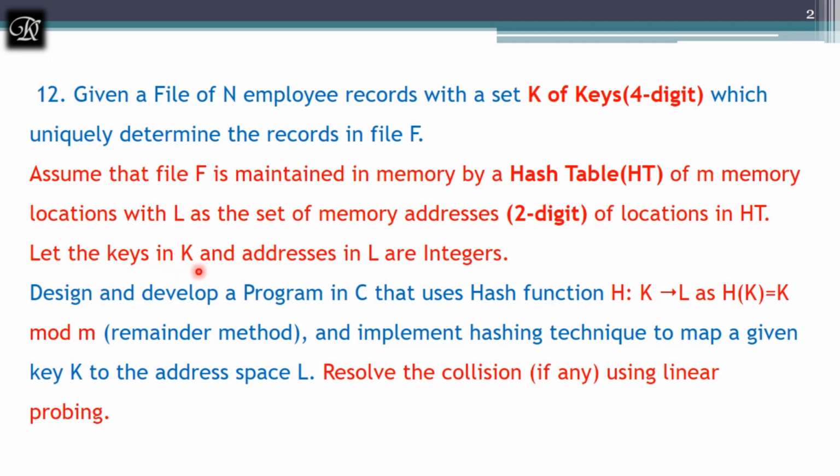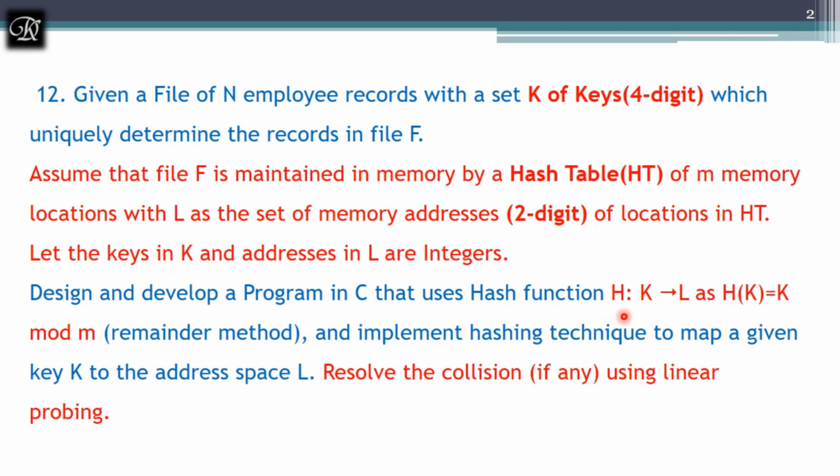Let the keys in K and addresses in L be integers. It means K is a set and L is a set, K having a set of keys and L having a set of addresses. Both are integer numbers, there are no fractions here. Design and develop a program in C that uses a hash function.